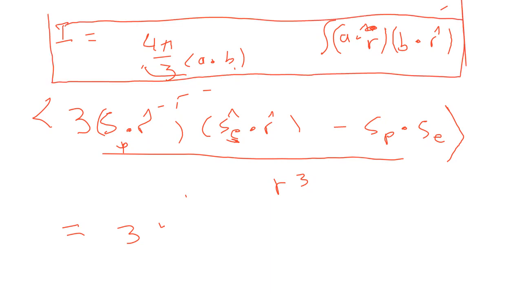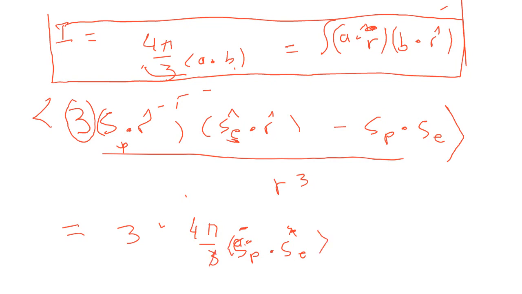The integral of a dot r hat b dot r hat is given by 4 pi over 3 of a dot b, but there's also this 3, so you end up with 3 times 4 pi over 3 a dot b, where a in this case is just sp dot se, the expectation.